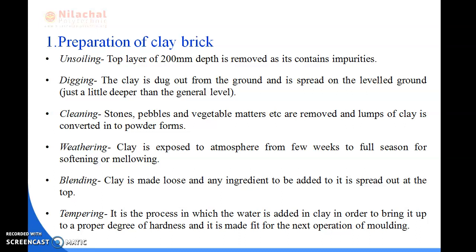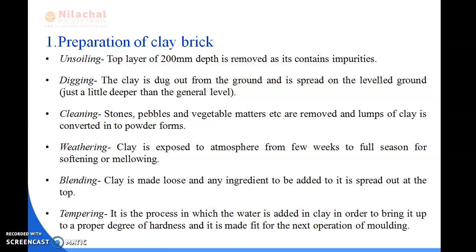In the first operations we have read about 6 processes: unsoiling, digging, cleaning, weathering, blending and tempering. Unsoiling means from the top layer of the soil about 200 millimeter depth is removed because it contains impurities.